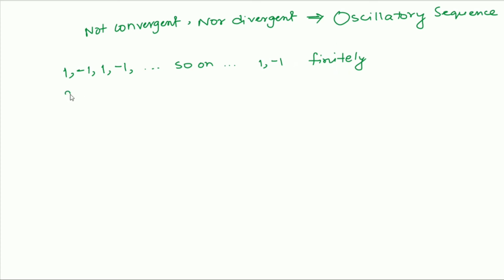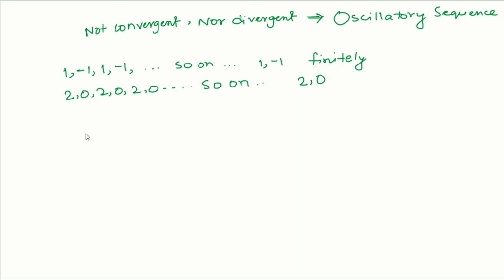Again, if we take another example, 2, 0, 2, 0, 2, 0 and so on, there are only two elements, 2 and 0, and they repeat, so this is also a finitely oscillatory sequence.